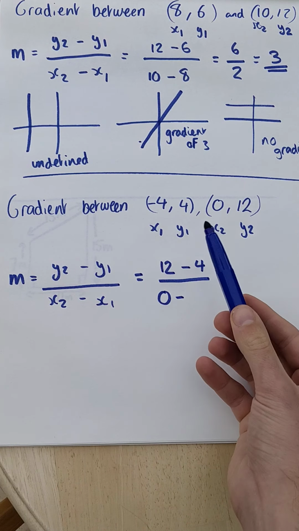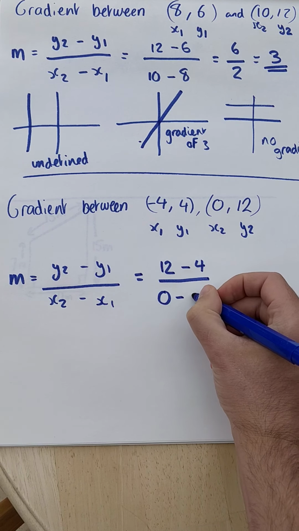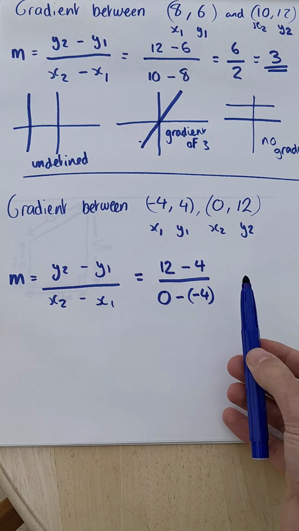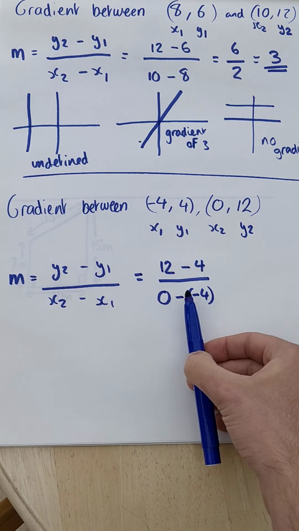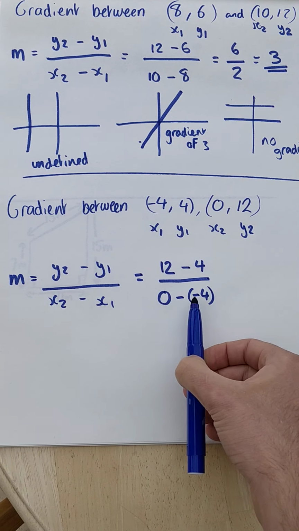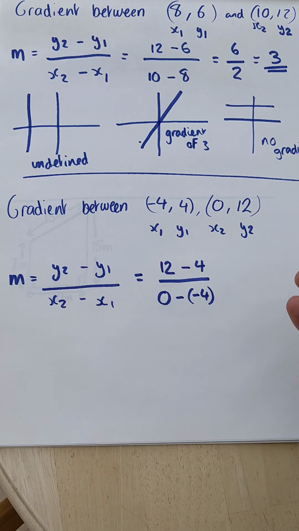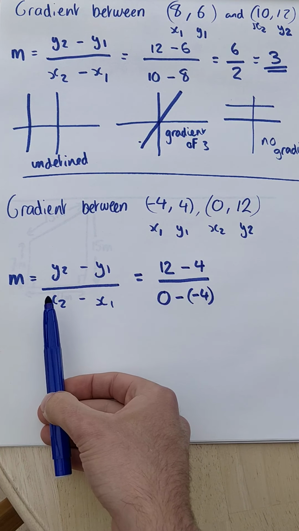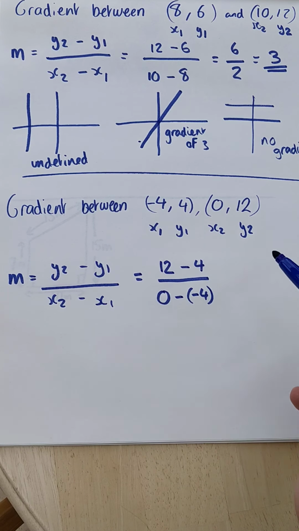Take away, and this is -4. So this is where negatives can be a little bit tricky in this. So x1 would be -4. So you're taking away x1 and x1 is negative 4. That's why I've put it in brackets there. It's not 0 take away 4. Okay, here it's 0 take away negative 4.